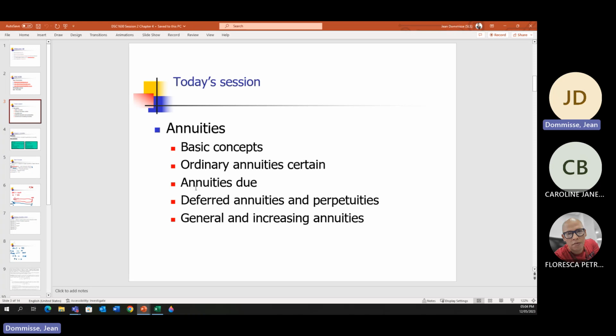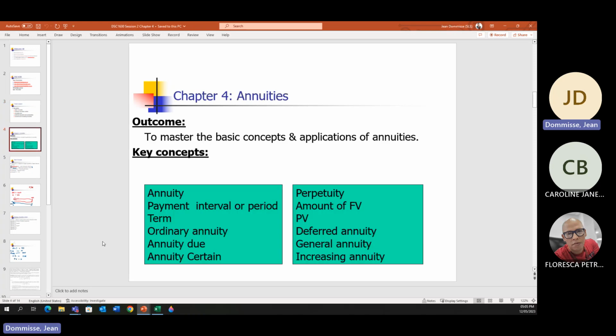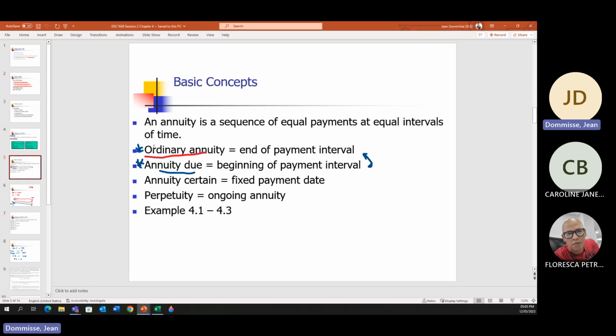Last week we looked at the different ways we could work it out, annuities at the end of a month and annuities at the beginning of a month.